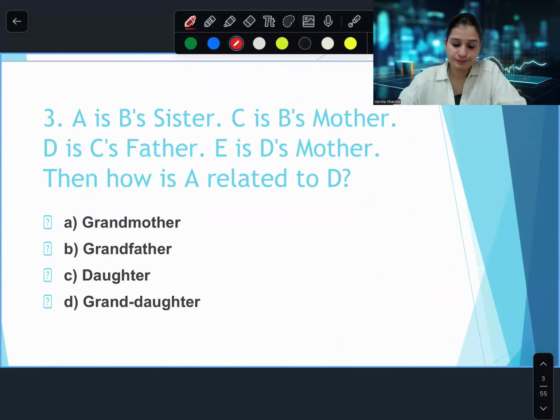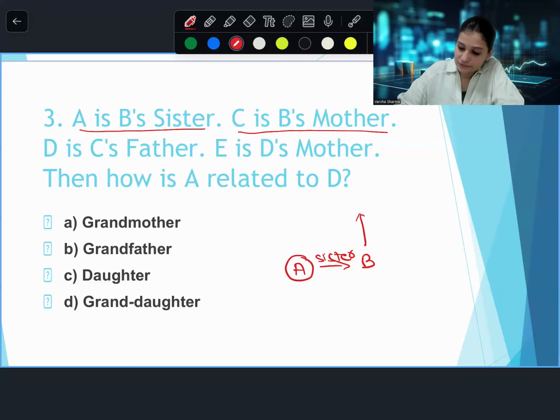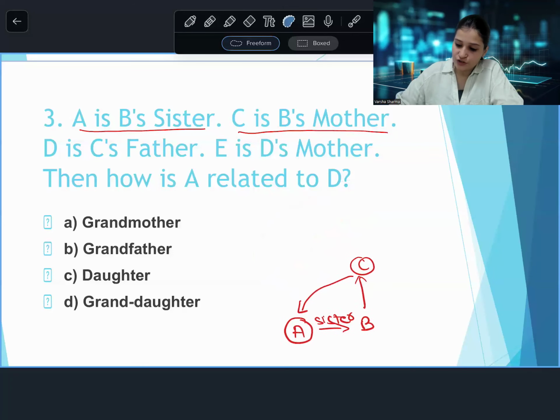Question number 3 answer. Granddaughter. A is B's sister. C is B's mother. That means C will also be the mother of A. Yes or no?